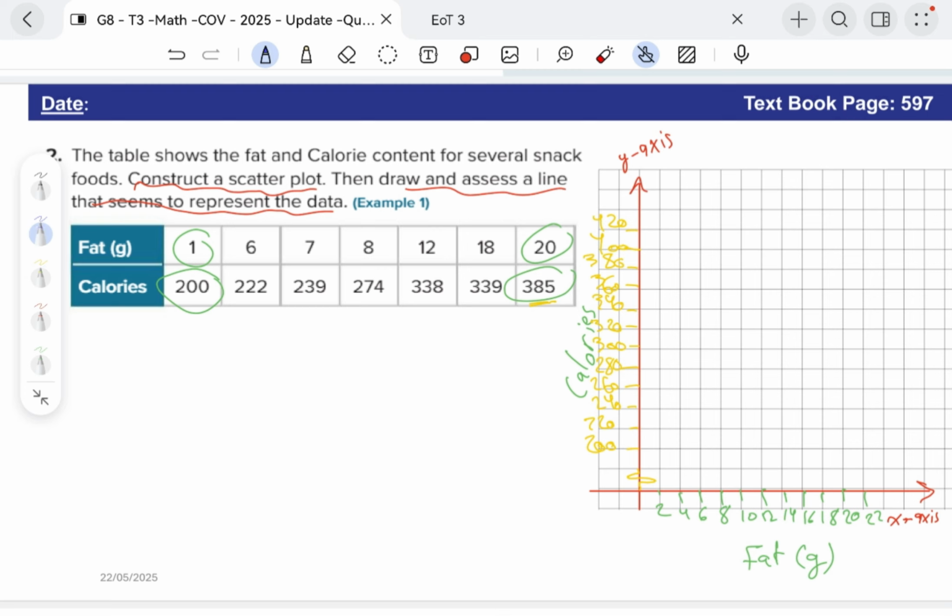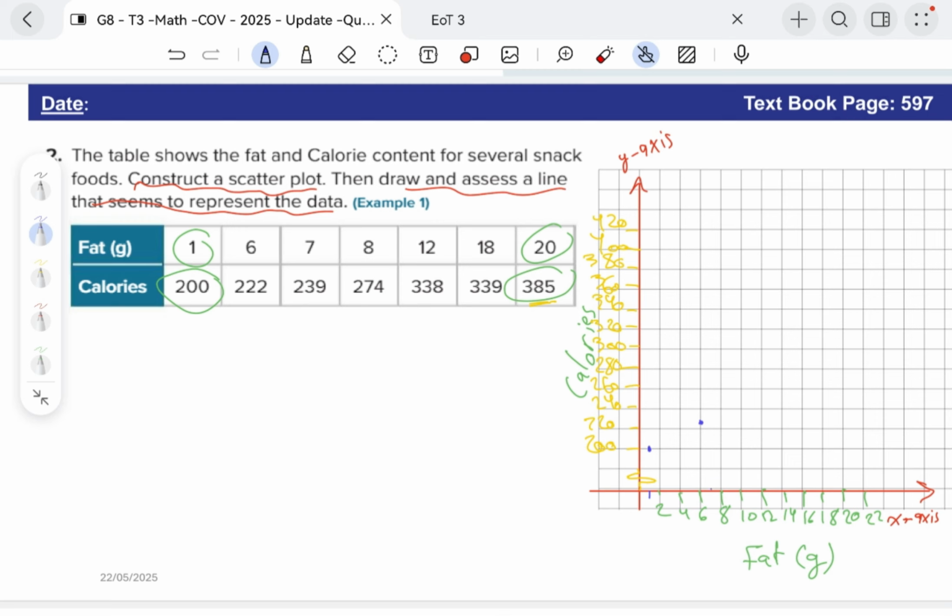Now let's graph the points. The first point is 1 with 200. Here we have 1, and here we have 200. 6 with 222. 222 is here. 7 with 239, approximately 240.